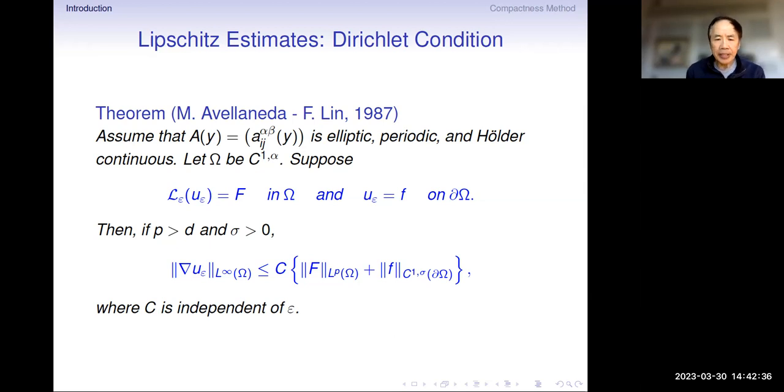The estimate is that if p is greater than the dimension d and sigma is positive, and I'm assuming f is in C1 sigma, then the L infinity norm of the gradient of the solution, this is the Lipschitz norm, is uniformly bounded by the data: the L^p norm of capital F plus the C1 sigma norm of the boundary data, little f.